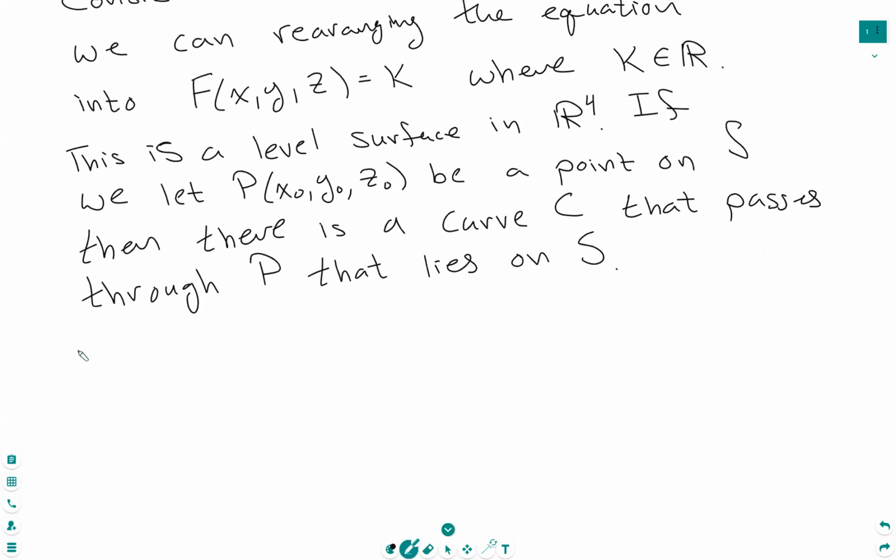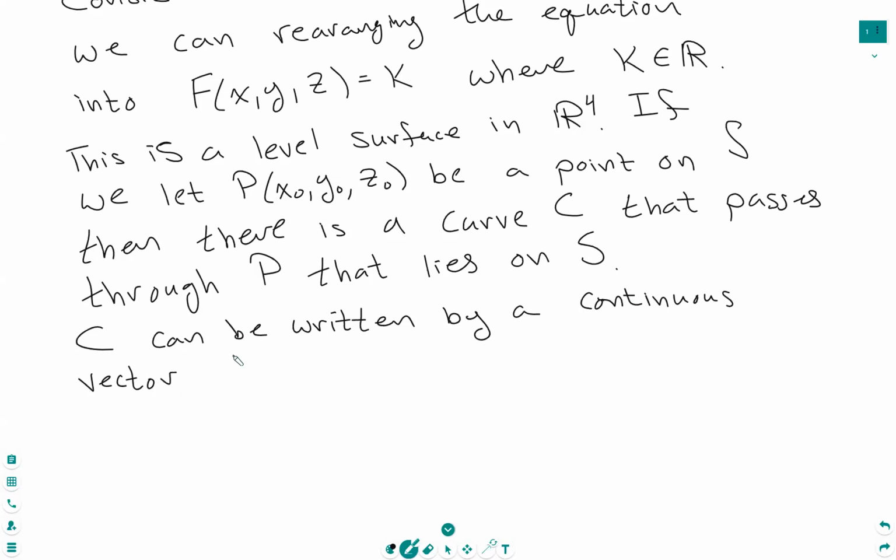So now we're continuing. So C can be written by a continuous vector function r of t is equal to some function for its x component, some function for its y component, and some function for its z component.